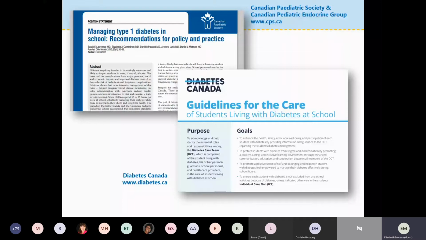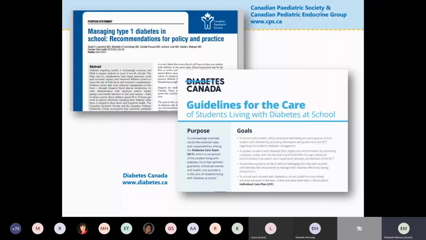So 2 key documents that you want to be aware of, that you want to be familiar with, are from the Canadian Paediatric Society and the Canadian Pediatric Endocrine Group, and from Diabetes Canada. And these are the 2 sort of gold standards of care for kids with type 1 in school. So these are the 2 documents and 3 organizations that are standing behind everything that follows.